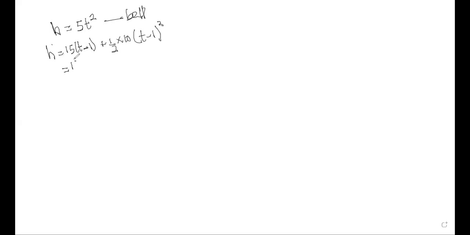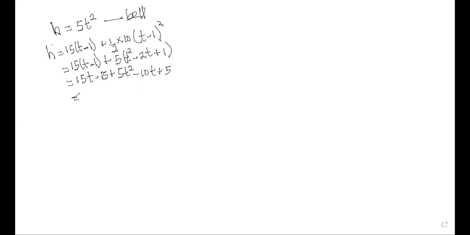When we expand, we have 5 (t minus 1) squared, which is t squared minus 2t plus 1. So let's expand everything: 15t minus 15 plus 5t squared minus 10t plus 5.